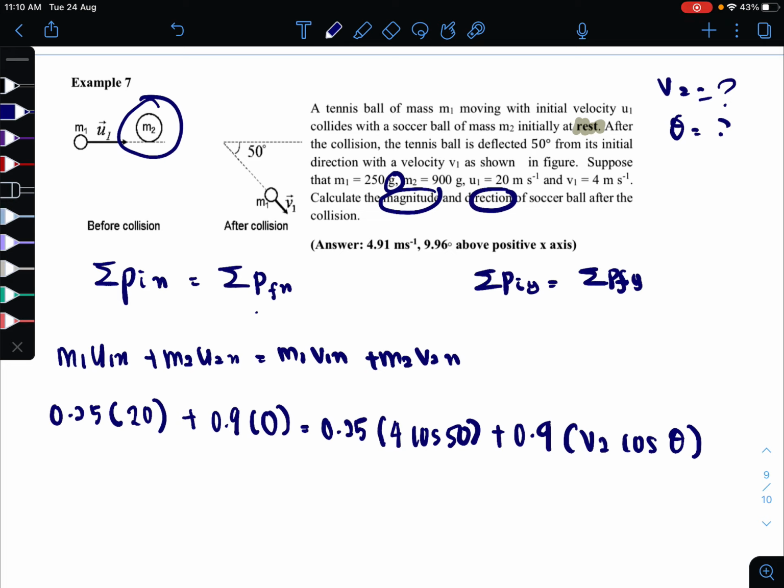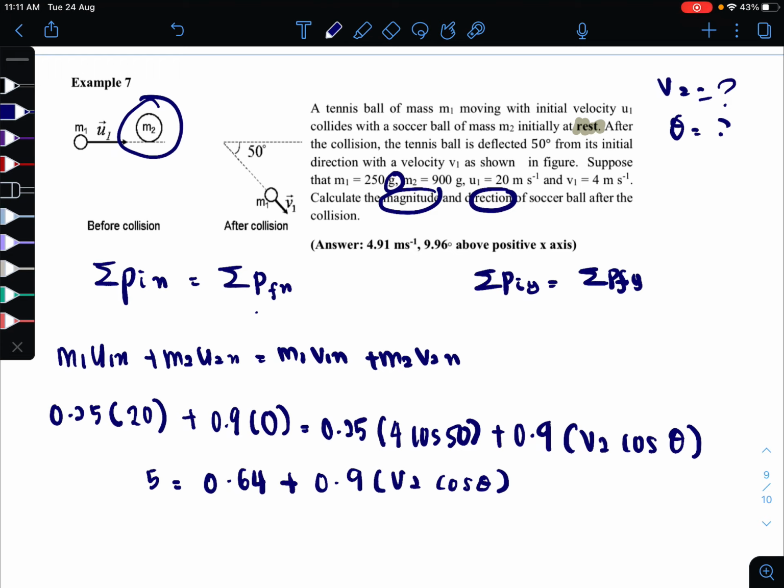Okay, so now what you do is you press your calculator. 0.25 times 20, so we'll end up with 5 here. 5, this is 0, is equals to 4 cos 50 multiply with 0.25. So we get 0.64 plus 0.9 V2 cos theta.